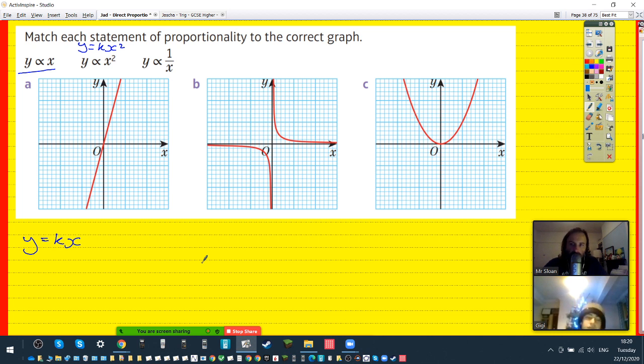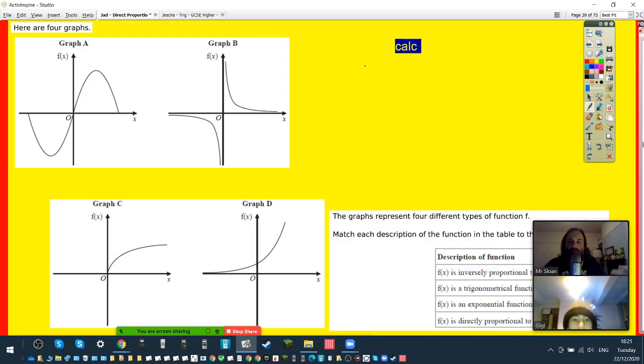So I believe first two match up. That one is C. That one's B. That one is like y equals k times 1 over x, which is k over x. That's it.